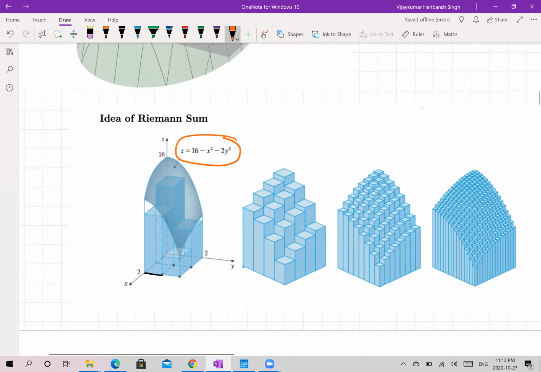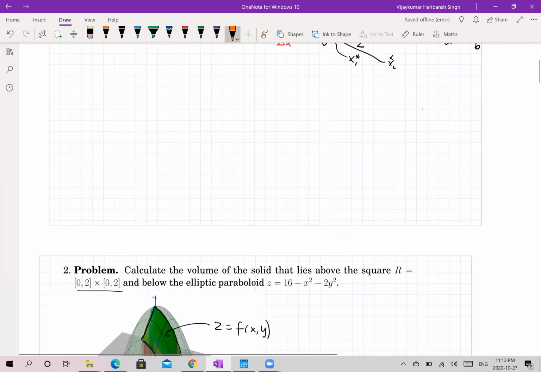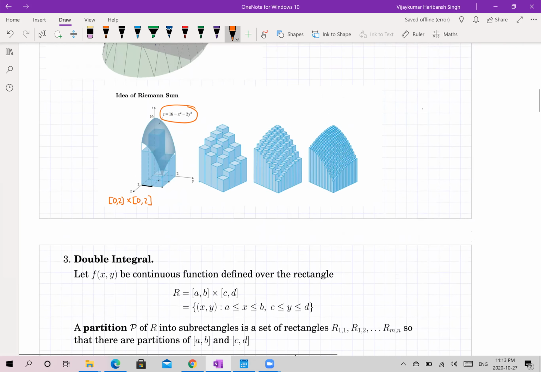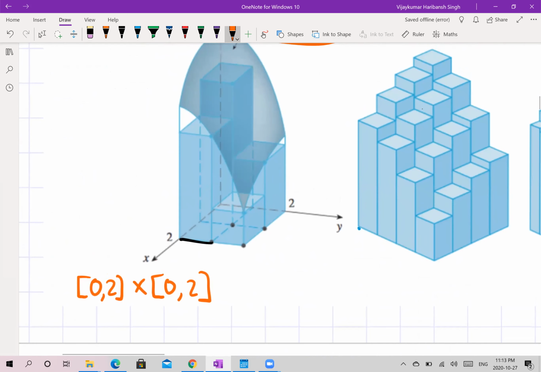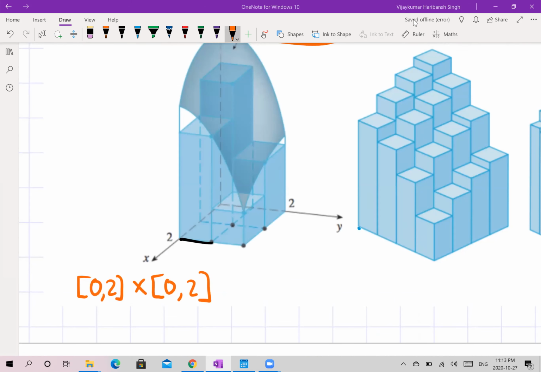We will divide 0, 2 cross 0, 2 into 4 rectangles. Instead of intervals like here, our domain will be divided into rectangles like here. So we divide our domain into rectangles, and these are the rectangles we get.